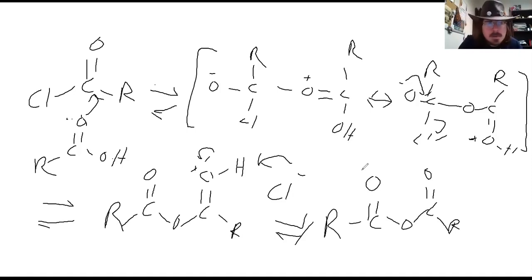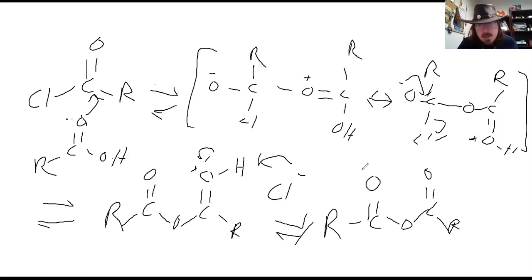Now, you say, why wouldn't the alcohol portion of that carboxylic acid attack? Well, if the alcohol portion did attack, it would be a little bit less stable than this intermediate. The advantage of this one is that it is resonance stabilized.